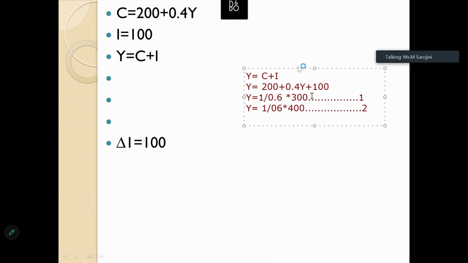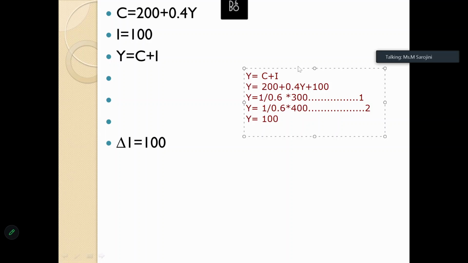Now we have to subtract equation 1 from equation 2. Once you subtract equation 1 from equation 2, you can get delta Y. Delta Y is equal to how much? 100, isn't it? 100 is the delta Y.